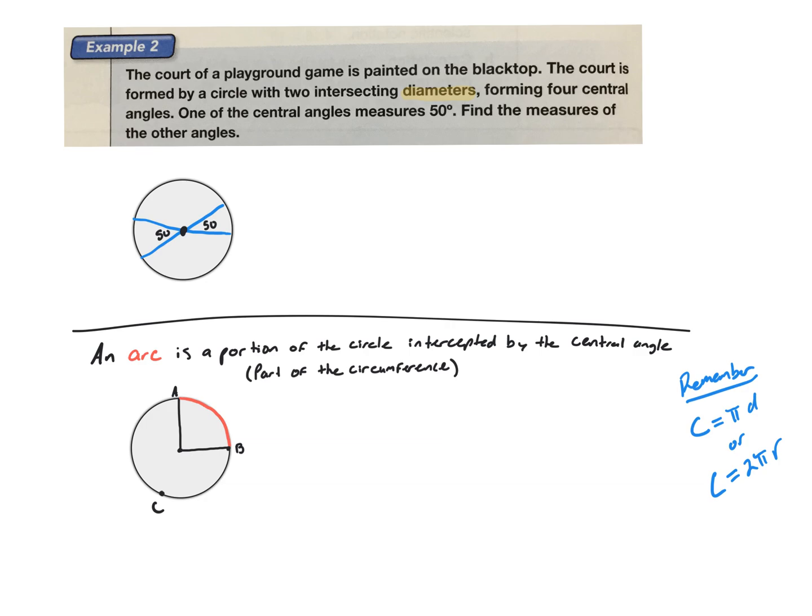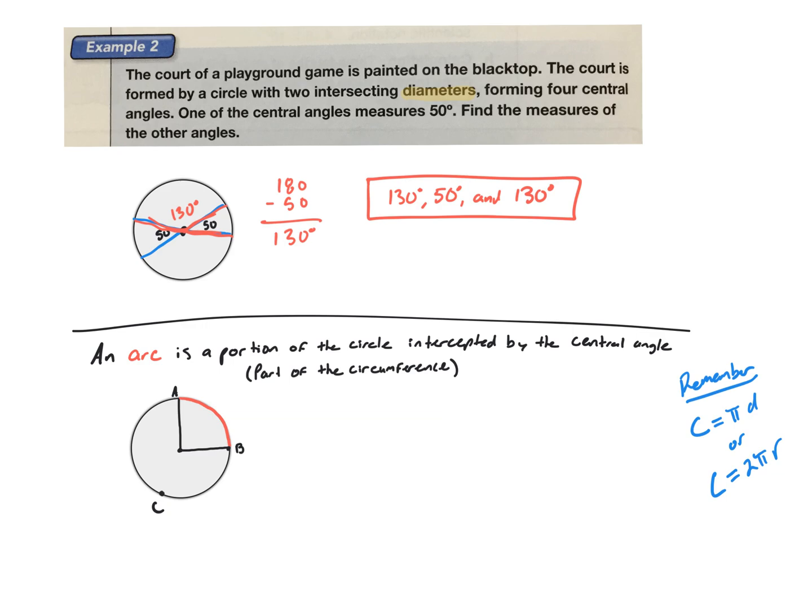So I'm going to go just with the 180 minus the 50, because this is 180, that one's 50, so if I subtract that, would give me the measure of this other one. So it's going to be 130 degrees. So the other 3 angles would be 130 degrees, 50 degrees, and 130 degrees.